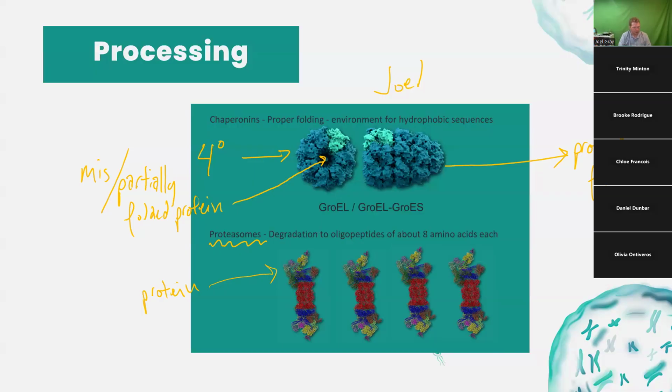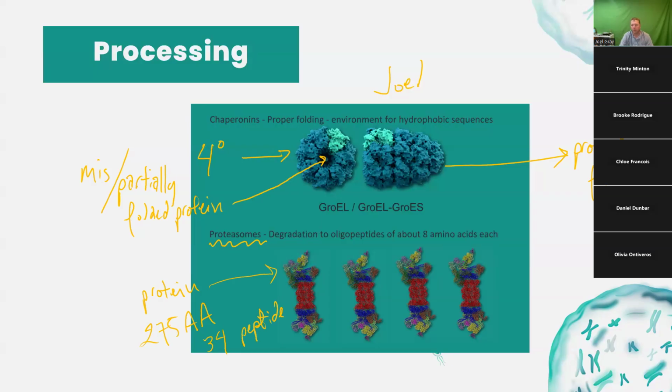It takes a protein, puts it in here, and dices it up into 8 amino acid long peptides. So what I mean by peptides that are 8 amino acids long: if you have a protein that is 275 amino acids, that's going to break it up into somewhere in the order of, let's see, 34 peptides.